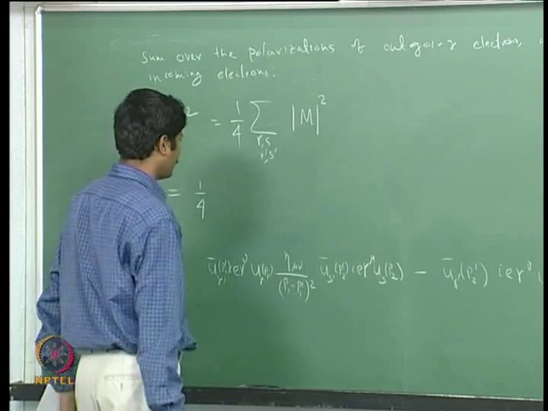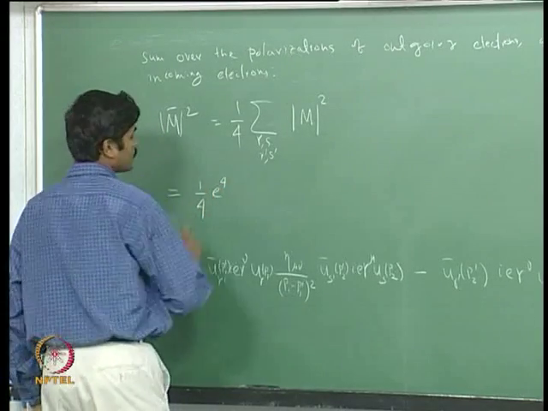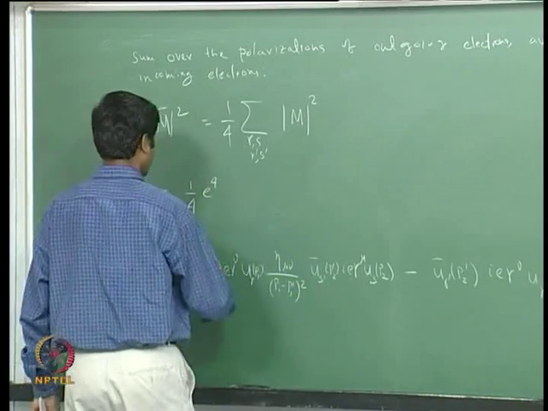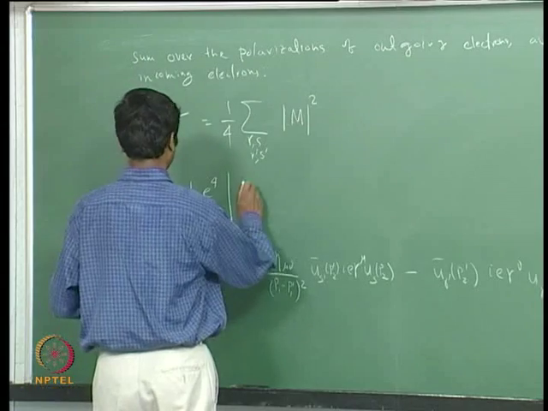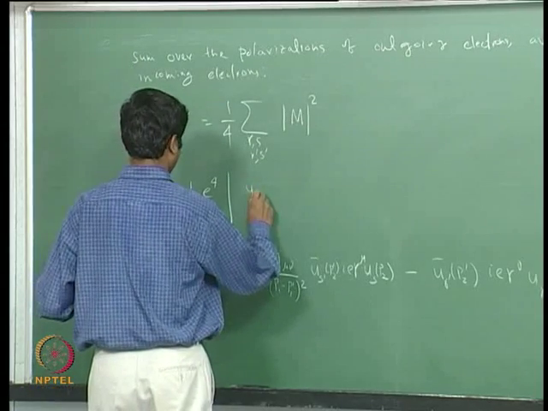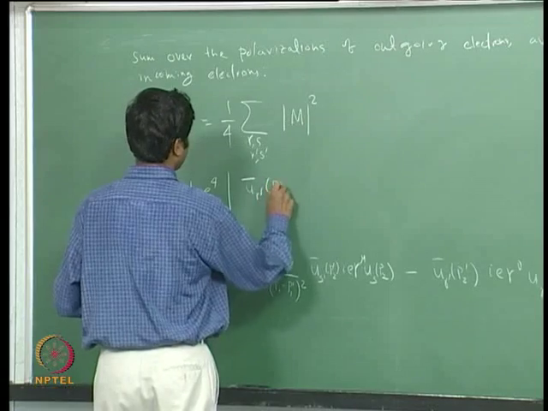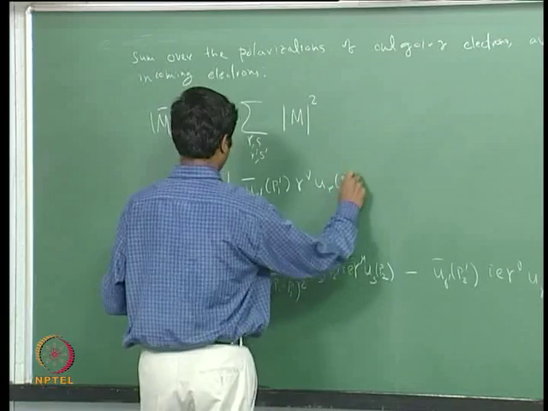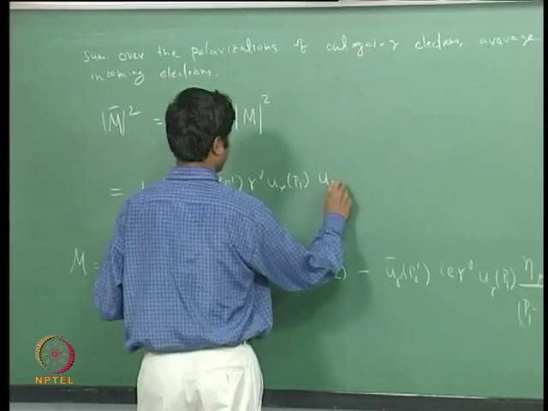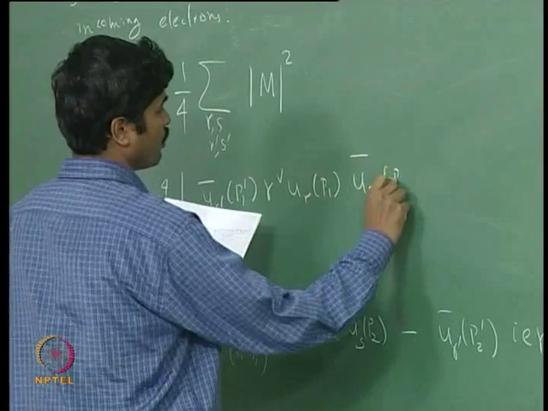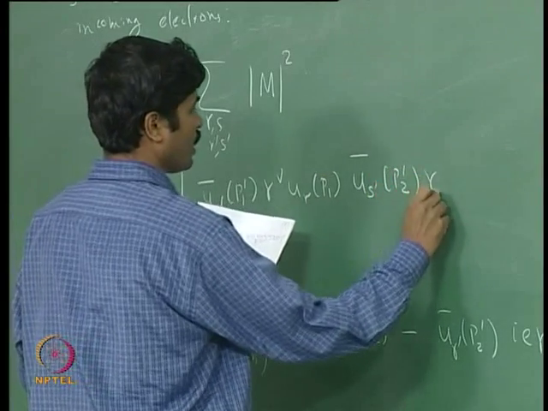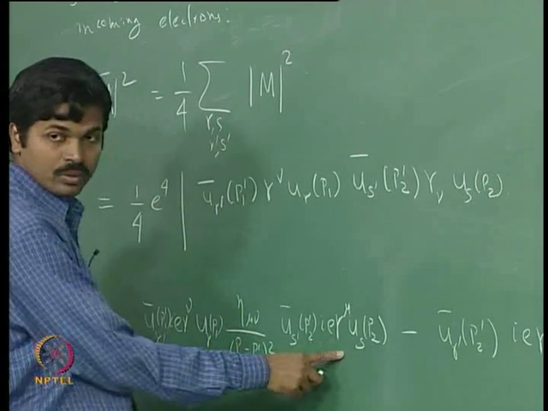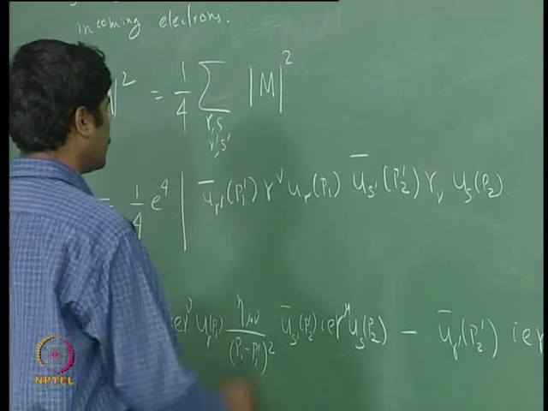Now there is an E fourth, because there is this E square here, mod square, and finally what I have is u r prime bar P1 prime gamma nu u r P1 u s prime bar P2 prime gamma nu u s P2. I have used this eta mu nu to contract one of these gamma matrices.